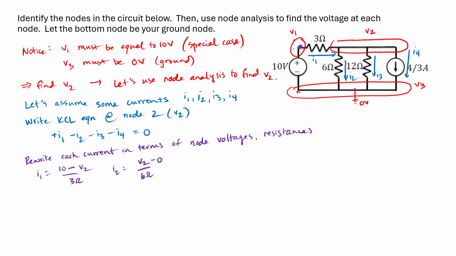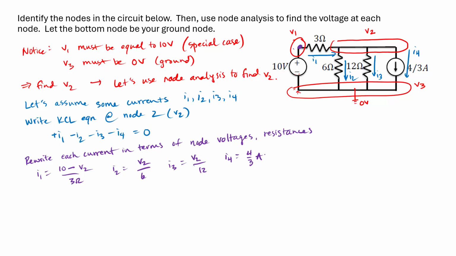It's basically V2 minus 0 over 6 ohms, but we don't necessarily need to write the minus 0 because it's just subtracting 0. I3 will be equal to our voltage V2 minus 0 volts divided by 12 ohms, or just V2 divided by 12. And then finally, I4 is actually given as 4/3 ampere.